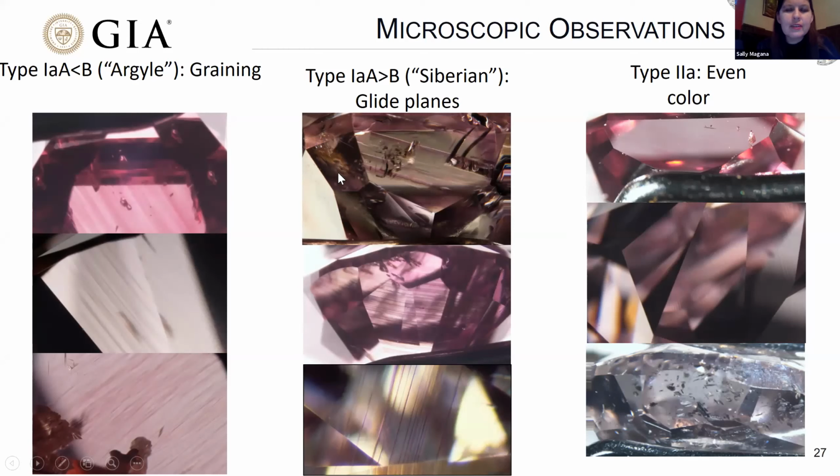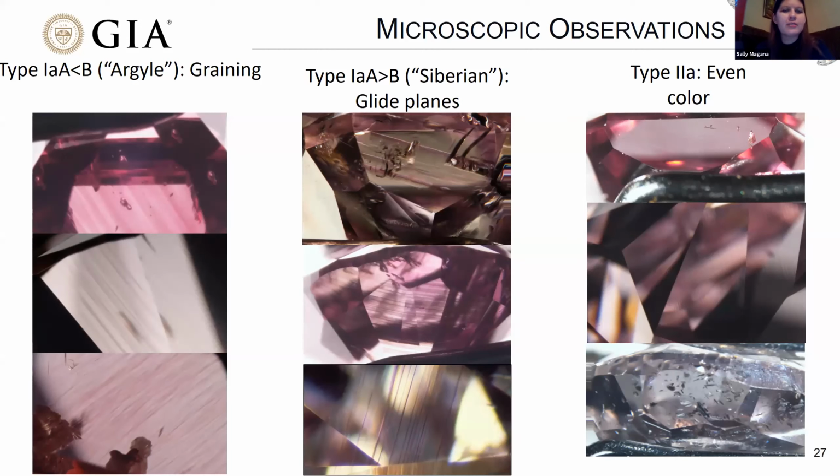We see these a lot in stones that are from Siberia. We can't say that all stones that have glide planes are from Russia or Siberia, but based on the quantities that come out of the Argyle and the Siberian mines, you can make a pretty good hypothesis that that is the likely source.